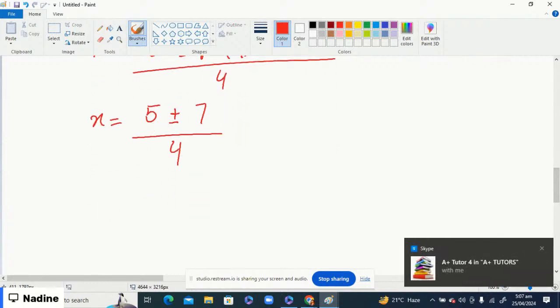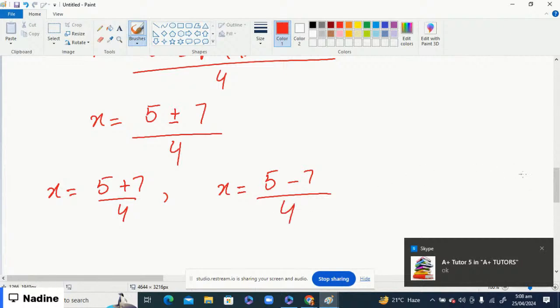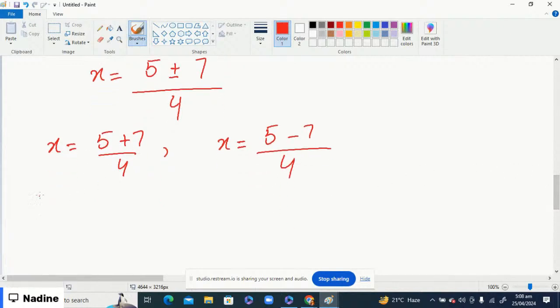Now here are the two signs, plus and minus. First we write x with plus 7 over 4, then x with negative 7 over 4. Now let's find both answers. X equals 5 plus 7, which is 12, over 4, and 4 times 3 is 12, so 3 is the answer of the first one. Now 5 minus 7 over 4.